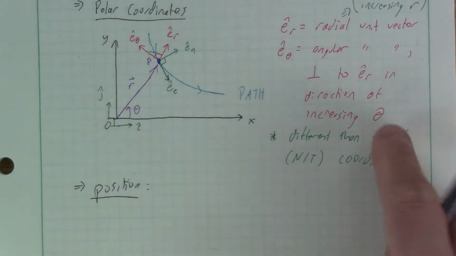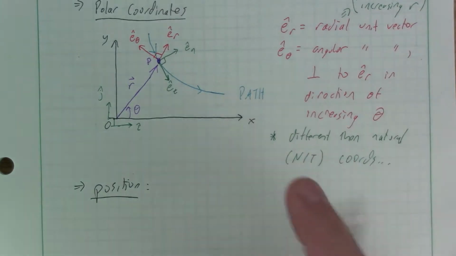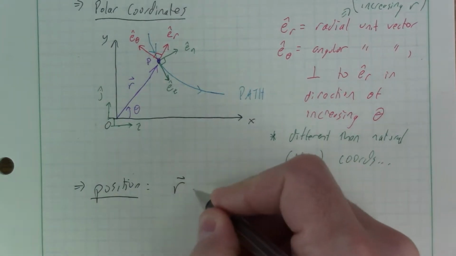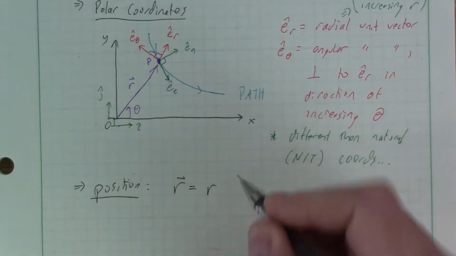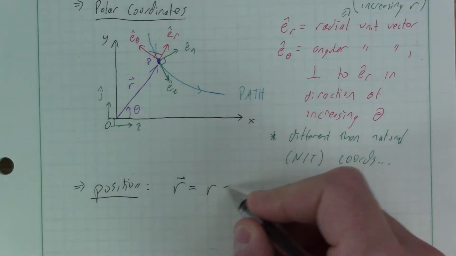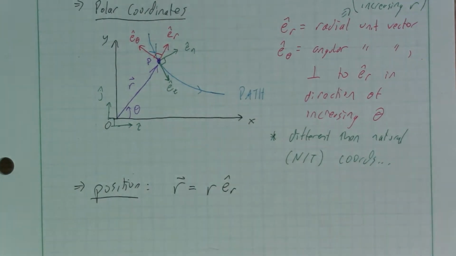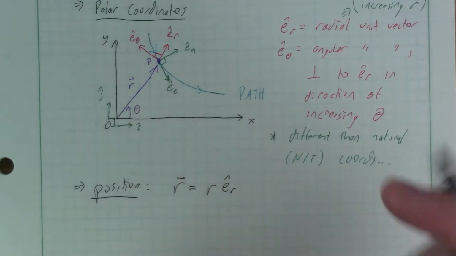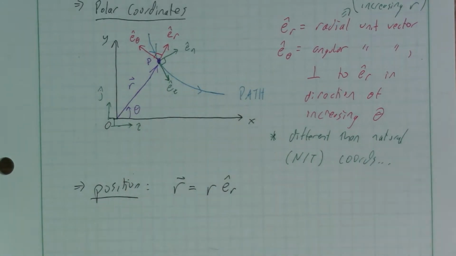And so this now gets into the increasing r I had up here. That position vector is totally described by, and this is the advantage of this, a scalar distance from the origin and the direction. Breaking that down into two different parts, just like we did with the natural, except for our natural coordinates, the easy thing was the velocity. We said the velocity vector was just the speed times e hat t, the tangential direction.